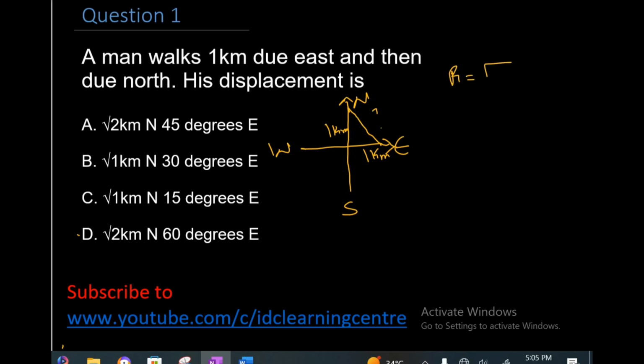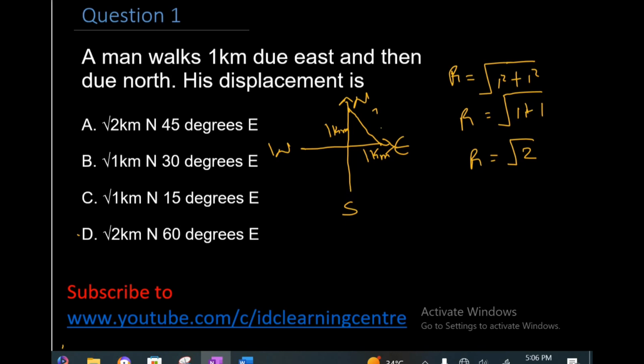It's going to equal the root of 1 squared plus 1 squared, so r is the root of 2, the square root of 2.